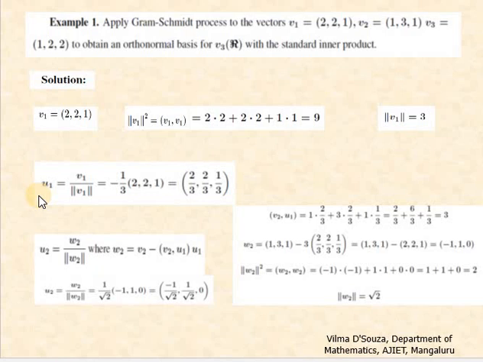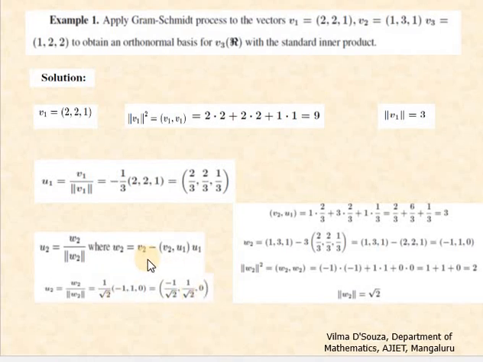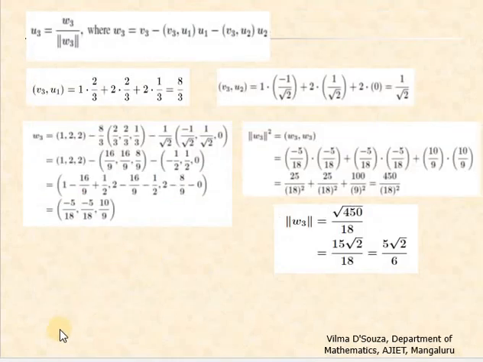So U1 you have already found. U1 is 2 by 3, 2 by 3, 1 by 3, and U2 is minus 1 by root 2, 1 by root 2, 0. What is U3?